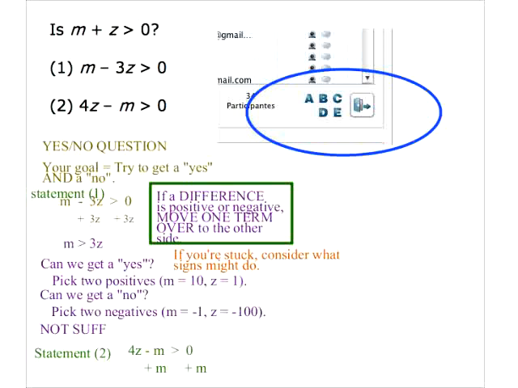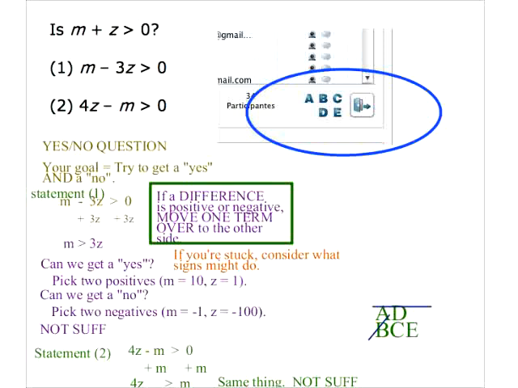So 4z is greater than m. Same thing. Because if you've got 4z greater than m, that still leaves open the possibility that those things could be positive or could be negative. So as far as gridding goes, again, we've got A, D, B, C, E, but we've killed everything except C and E.